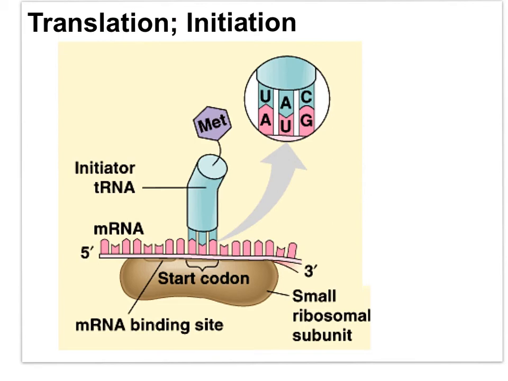Initiation of translation begins with the small subunit of the ribosome, the mRNA, and the first tRNA carrying methionine as the first amino acid. While it can't be seen in this image, this tRNA will be located in the P site as the large ribosomal subunit arrives to join the small subunit.